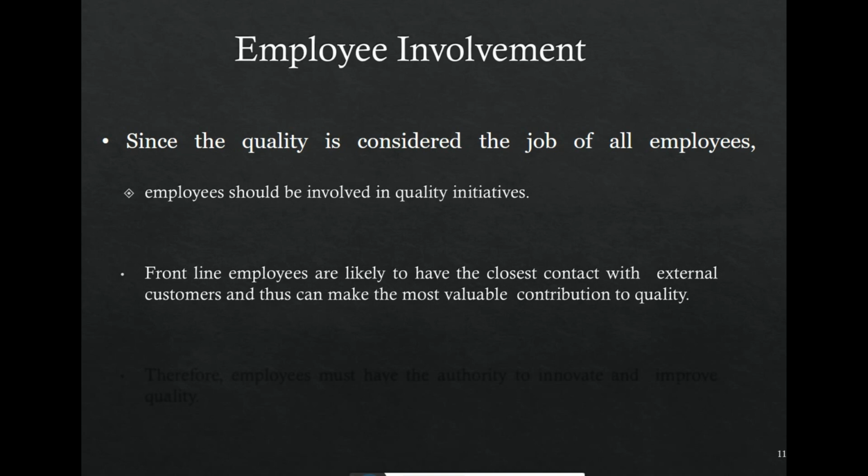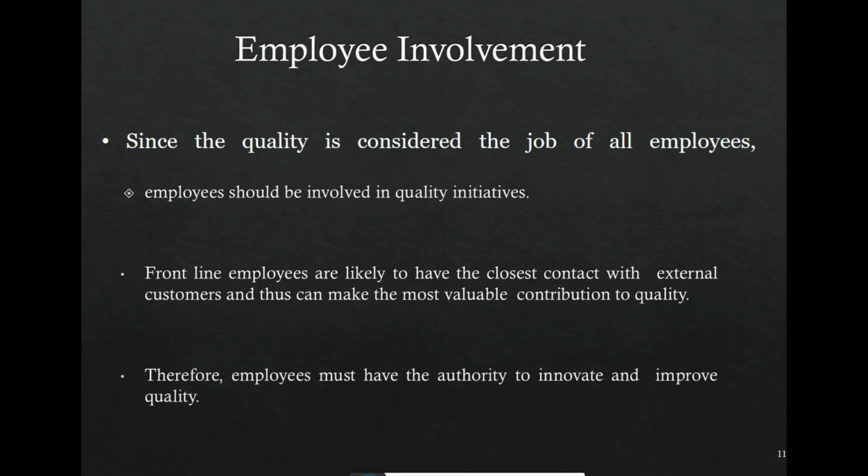Customers mostly talk to them and ask them questions, and the frontline employees answer according to the procedure of the product, according to the selling area, etc. Therefore, the employee must have the authority to innovate and improve quality. You must provide the authority to the frontline employees, to every employee, to make incremental improvements, innovate and improve quality.